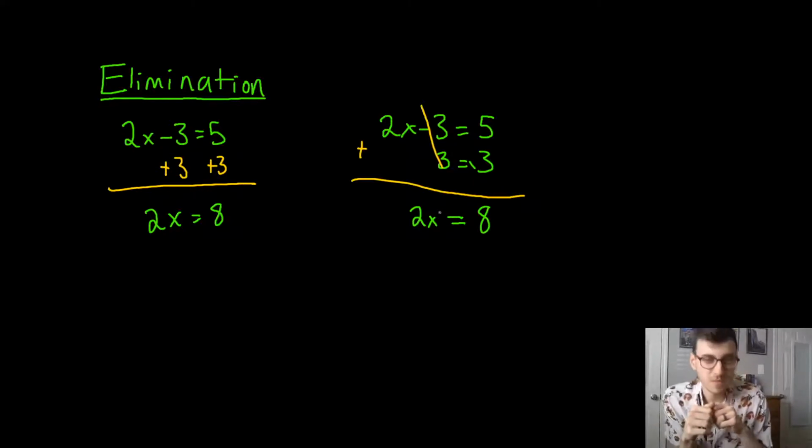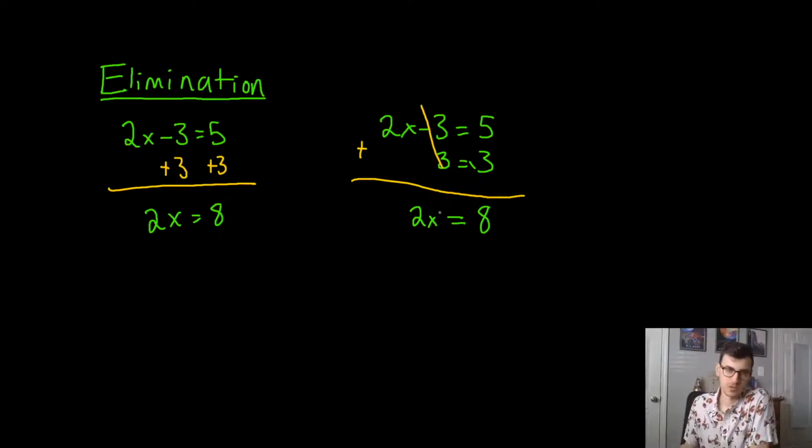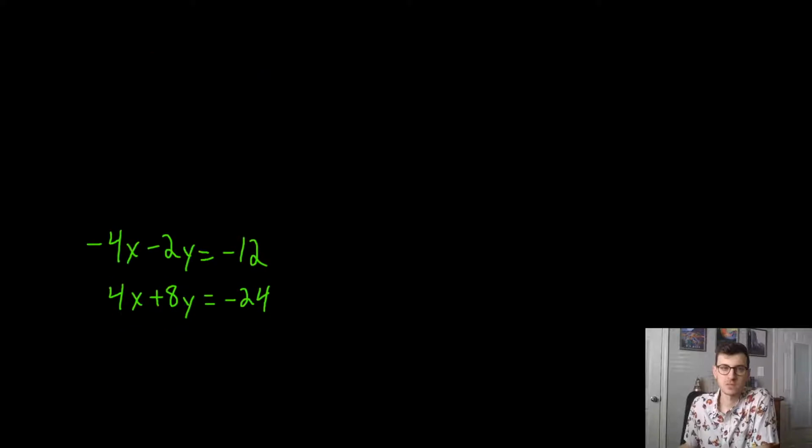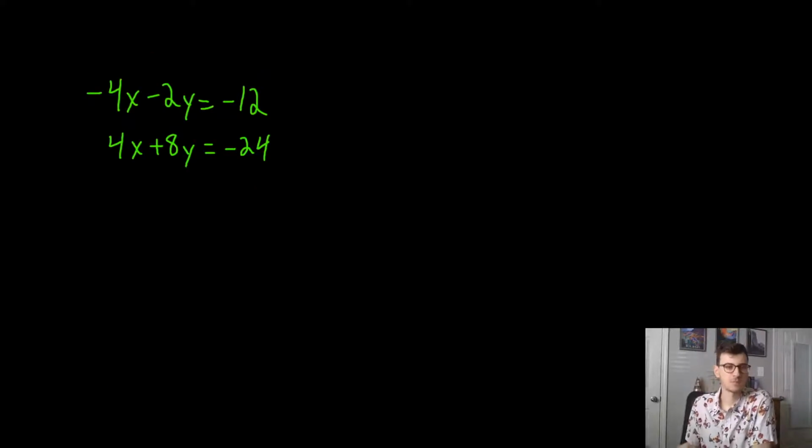Pretty cool, right? So let's take a look and see what happens when I have two variables and I eliminate in a system of equations. Okay. Negative 4x minus 2y equals negative 12. 4x plus 8y equals negative 24. So what I'm looking for here is I want to see, if I add these two together, will something cancel out, right?